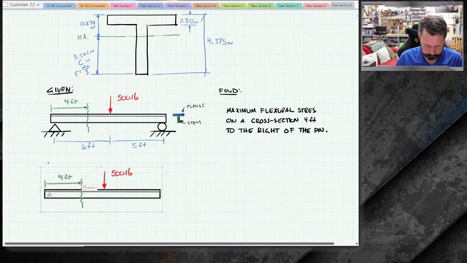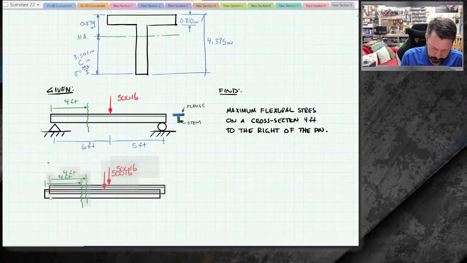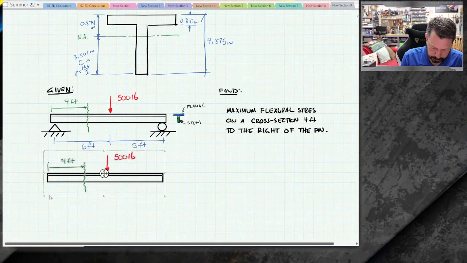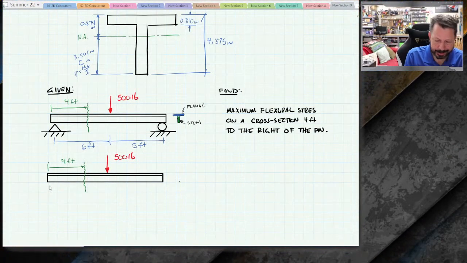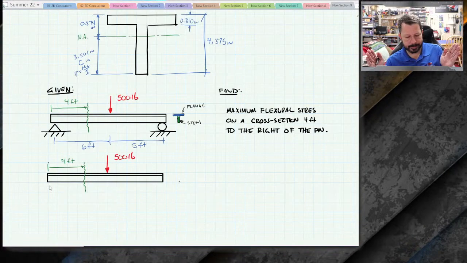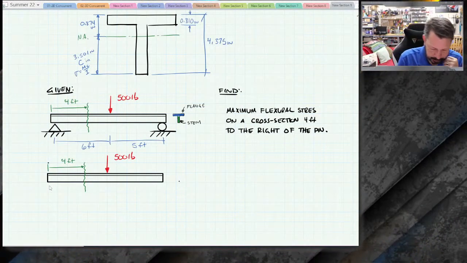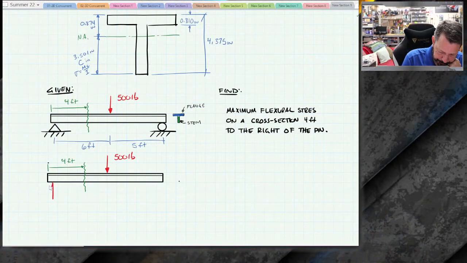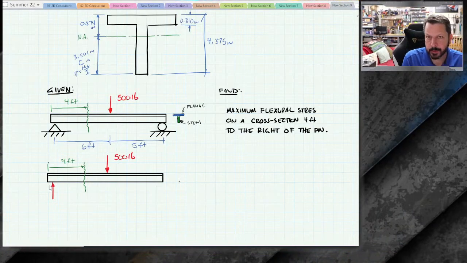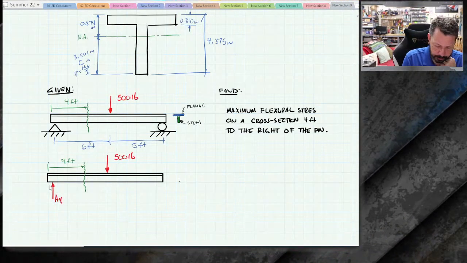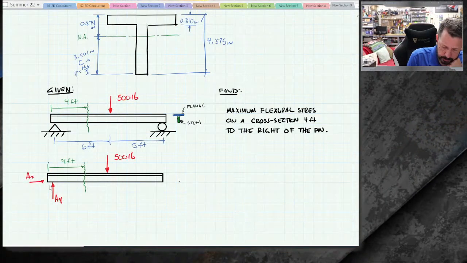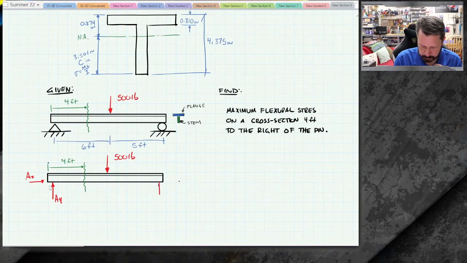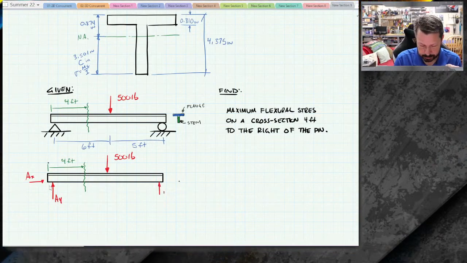Let me line it up a little bit. At the pin, I know I drew these kind of indented a little bit. Actually, that's fine. We'll just line it up with that. So the pin, I'll call that point A. So I'll give it an AY, and we'll put AX over here, and then this we'll call B, and we'll give it a BY.